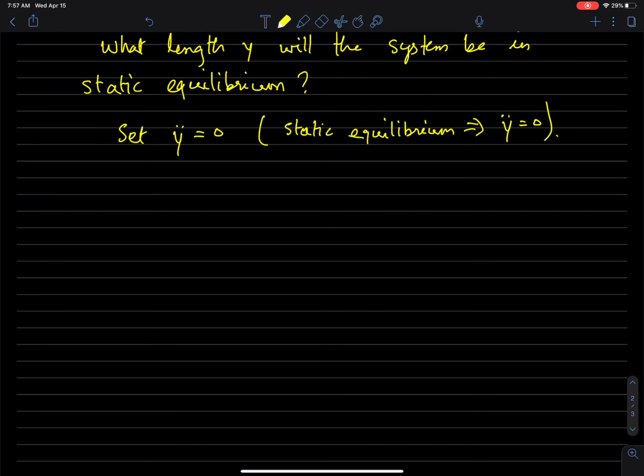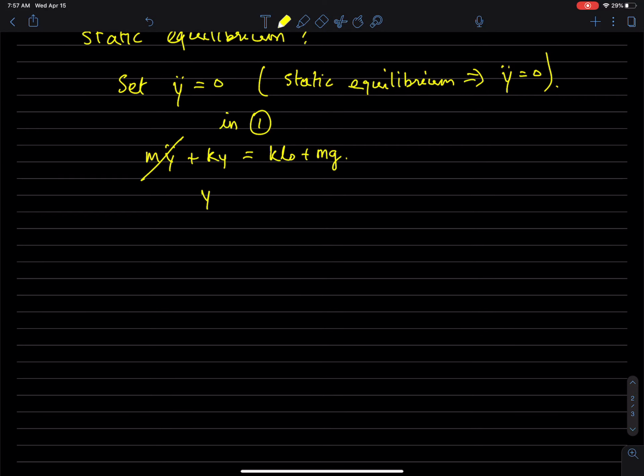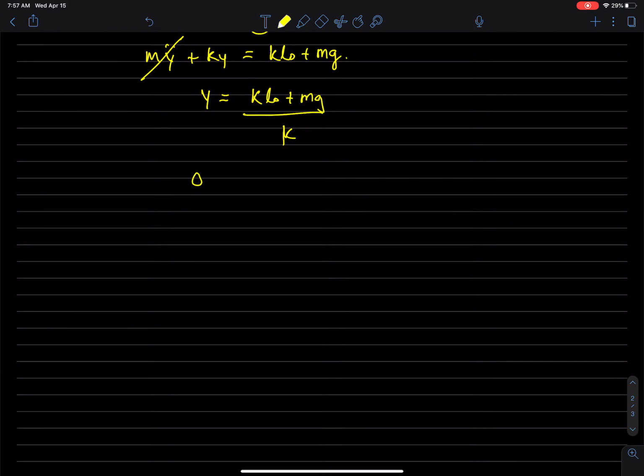Okay, set in 1. So what we have is, let me just recall what 1 was. My y double dot plus ky equals kL naught plus mg. And then we set this equal to 0, or y equals kL naught plus mg divided by k. So we might call this delta st or yst for static equilibrium.